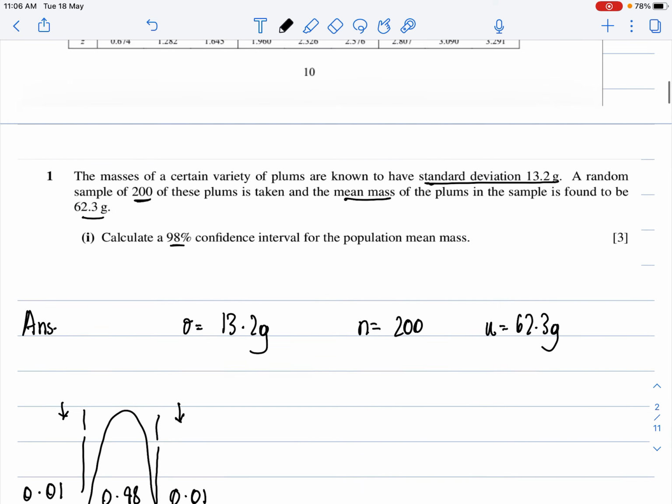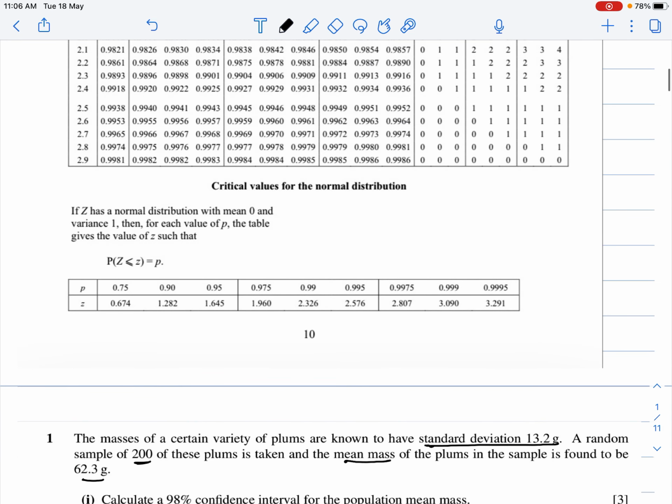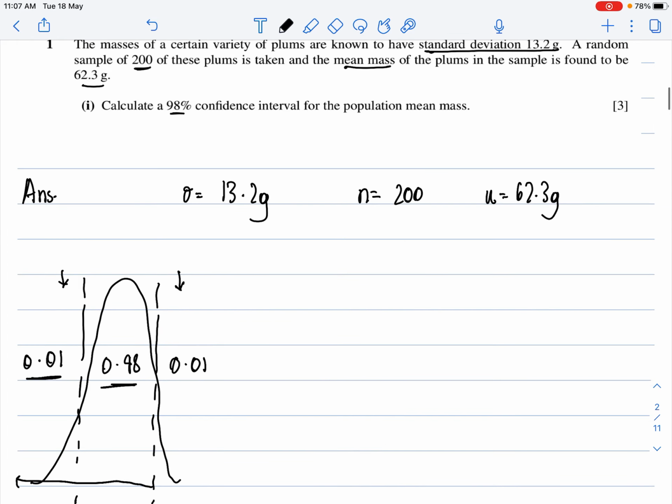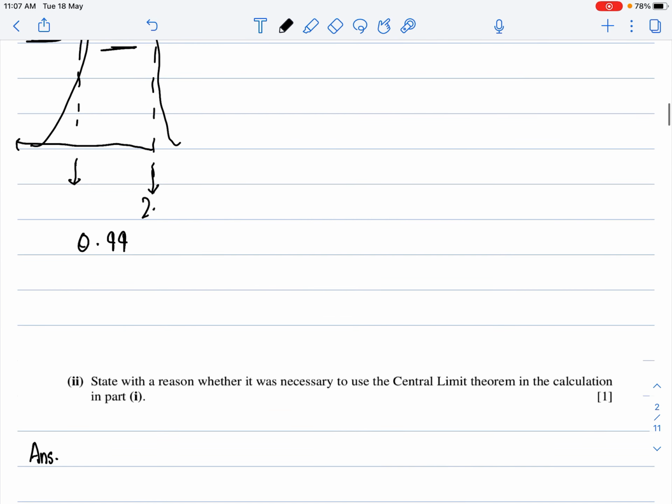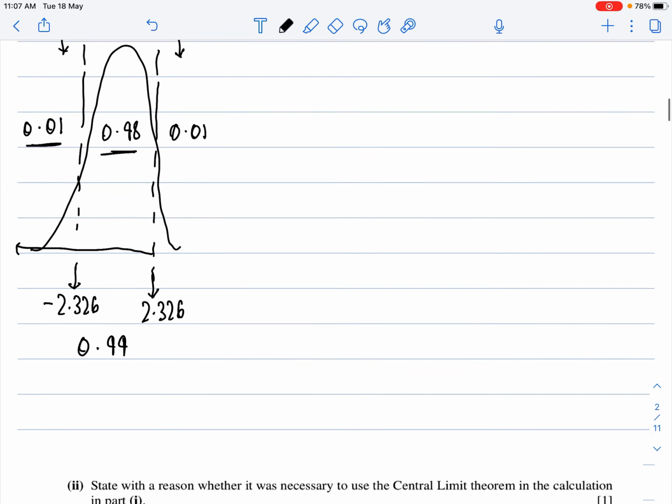So now I can go on my table here. I have my probability of 0.99, which has a z value of 2.326. As the area is the same, the lower one is minus 2.326 because it's less than the mean. That's why minus.